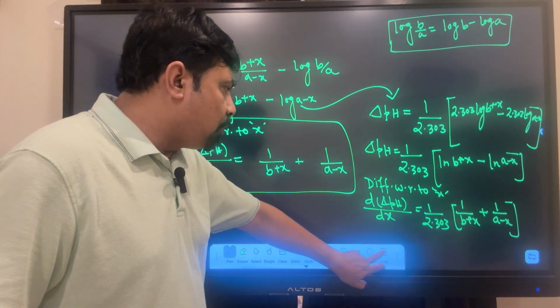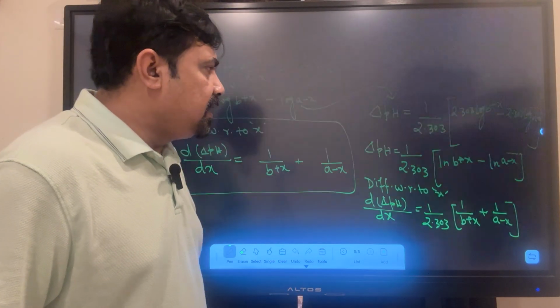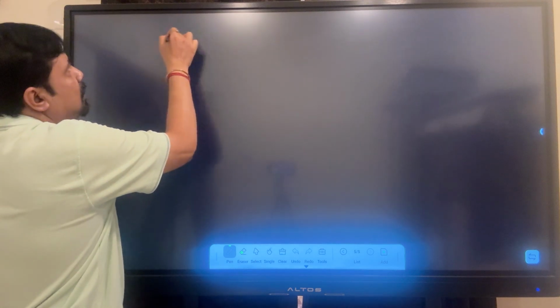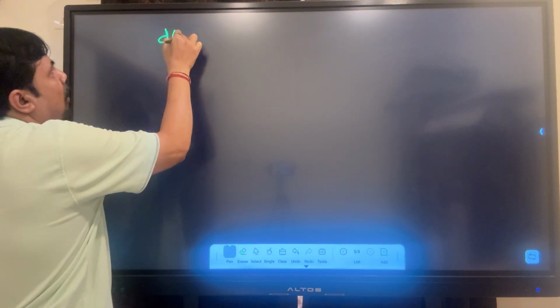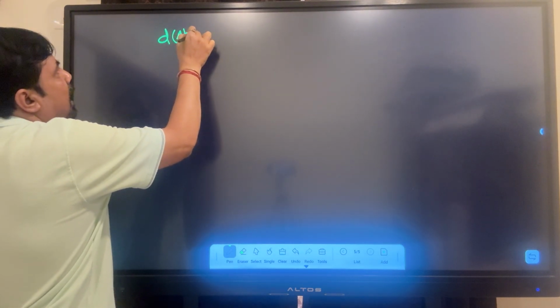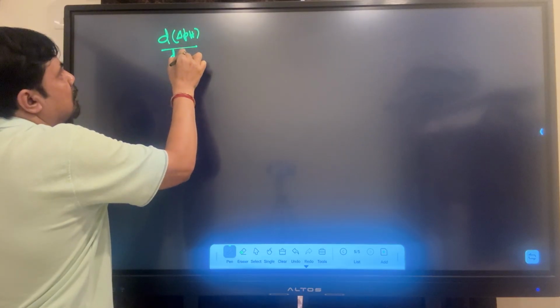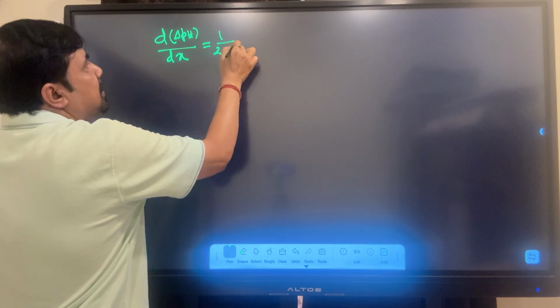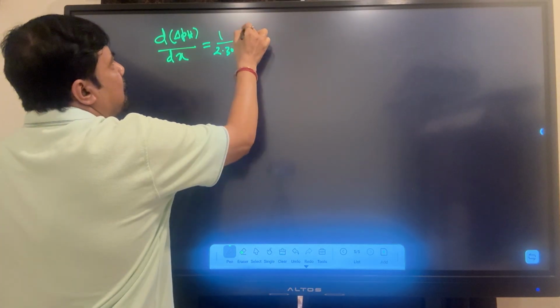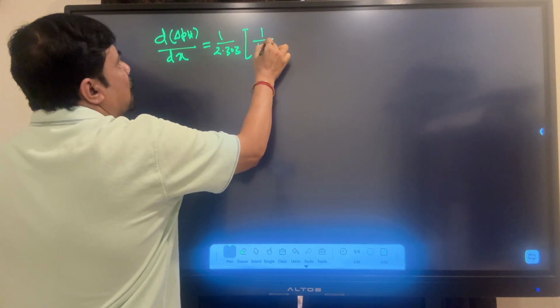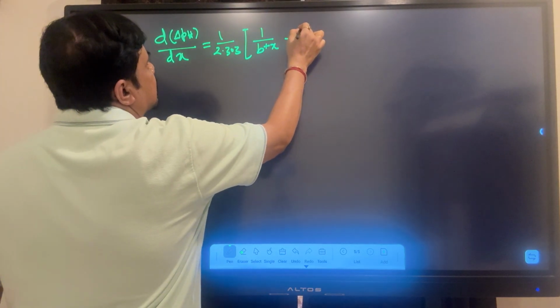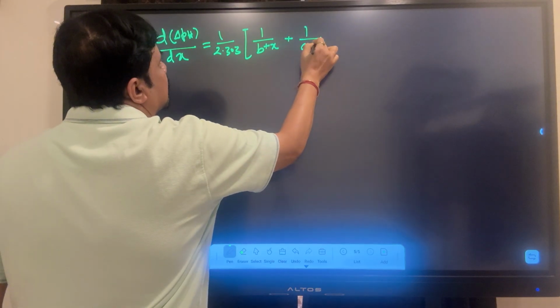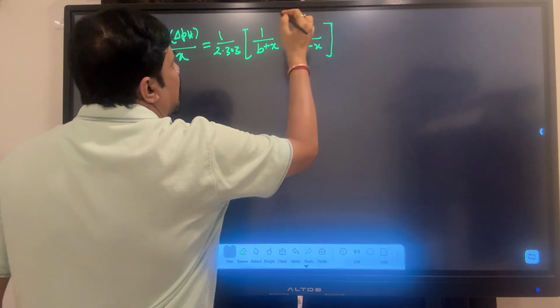Then I am going to the next slide. In the next slide, what I can write down, here I am writing delta of delta pH by dx will be equals to 1 by 2.303, and here we are getting 1 plus 1 by (b plus x) plus of 1 minus 1 by (a minus x).